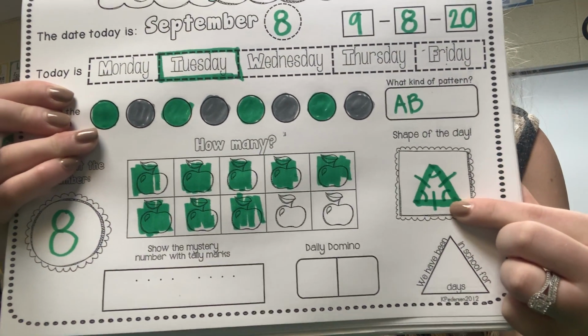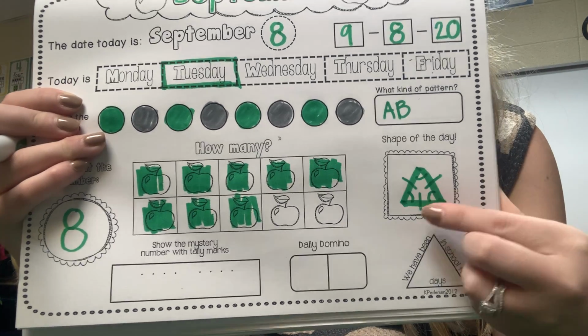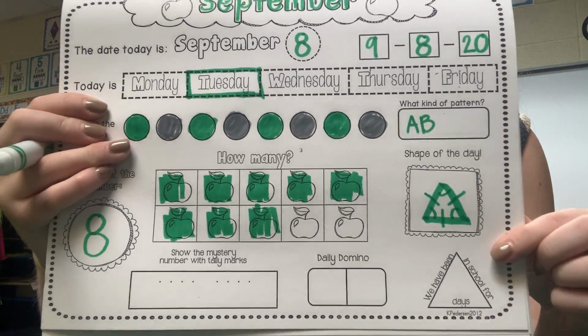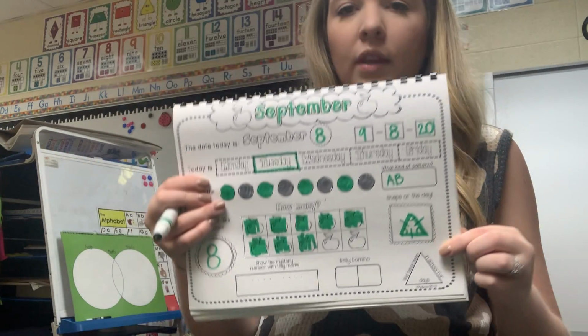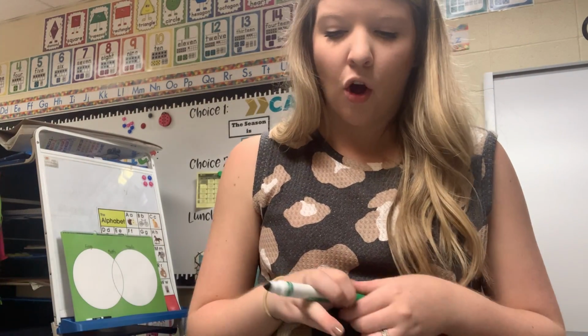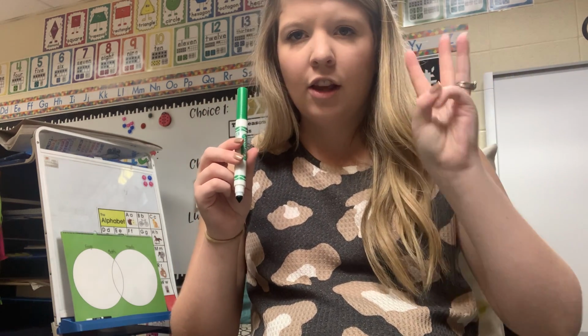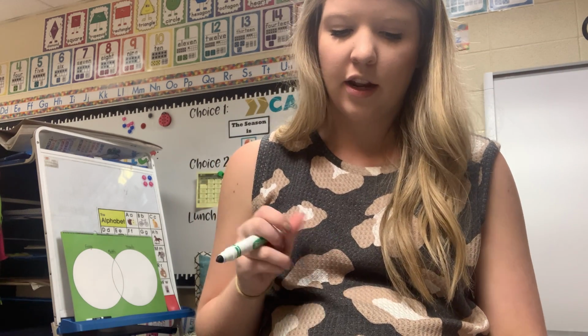Do you see how I marked those? There's 3 corners and 3 sides. Find someone at your house, either mom, dad, brother, or sister, and tell them that our shape of the day is a triangle. It has 3 sides and 3 corners. Tell someone that. Good. All right.